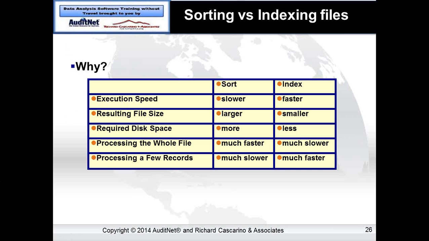If I've sorted the file, to get to the one I'm interested in, I'm going to have to read all the way through the file until I get to it. Okay. And if I need to do another read, I can't necessarily say read the next one. I'm going to have to go back to the start and read until I find the one I'm interested in. So it depends on what you want to do with it and the speed that you can process at.